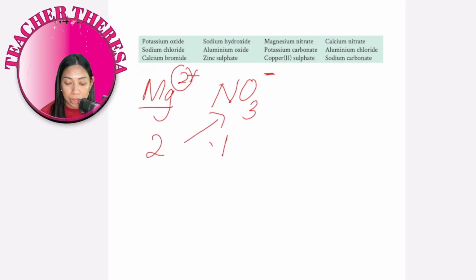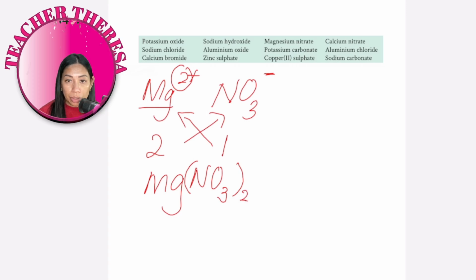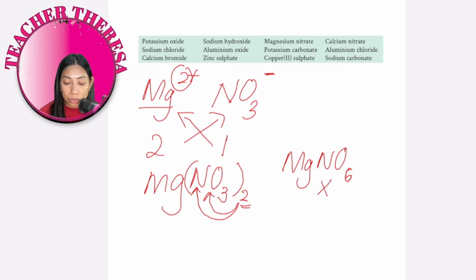So you cross multiply. Write down magnesium, because it's 1 we don't write the 1. Nitrate is a polyatomic ion, so you must use a bracket. Put 2. Why you need the bracket is you want to show that this 2 is for both oxygen and nitrogen. If you don't use the bracket, then it will become MgNO6. Cannot, this is wrong. That's why you have the bracket to show that the value of 2 belongs to both.